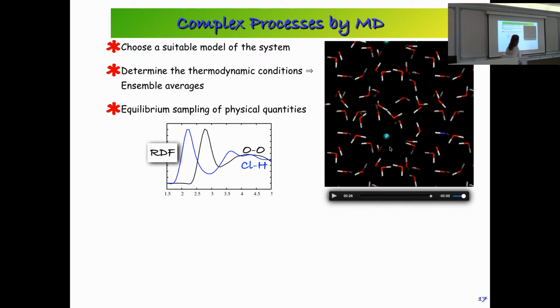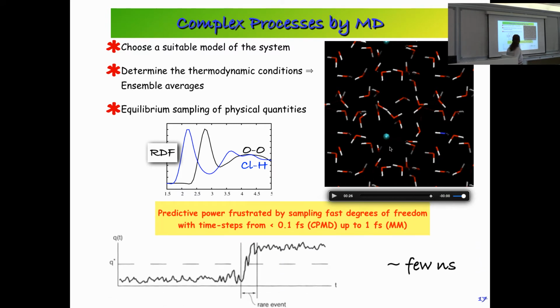And the reason is that MD is very good at sampling a minimum, so you get a lot of statistics if you start from some minimum and you stay there, but it is very bad at providing statistics of the part of the configurational space where there are transitions, because these are rare events, statistically difficult to get information about, regions where the system spends very little time.